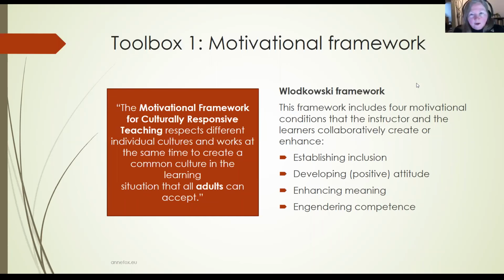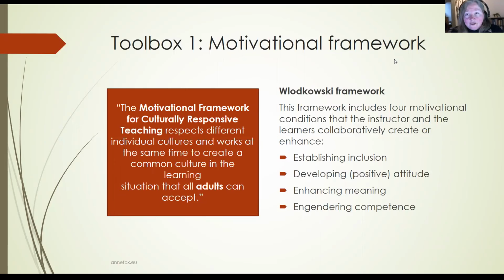And this is very schooly, if I can put it like that, because this is about creating a positive learning culture. But on the other hand, many of the training courses that adults go on, they are sent, and so they may not be the most positively motivated, and so we have to bear that in mind.